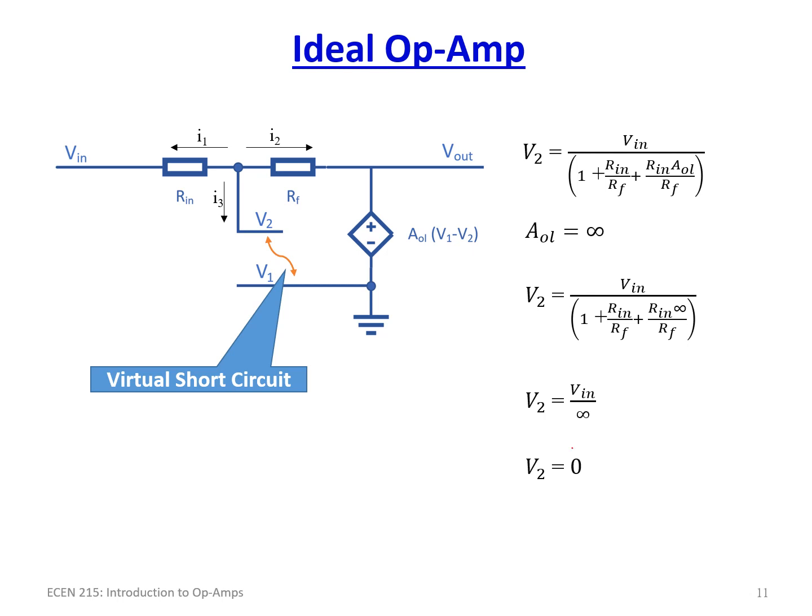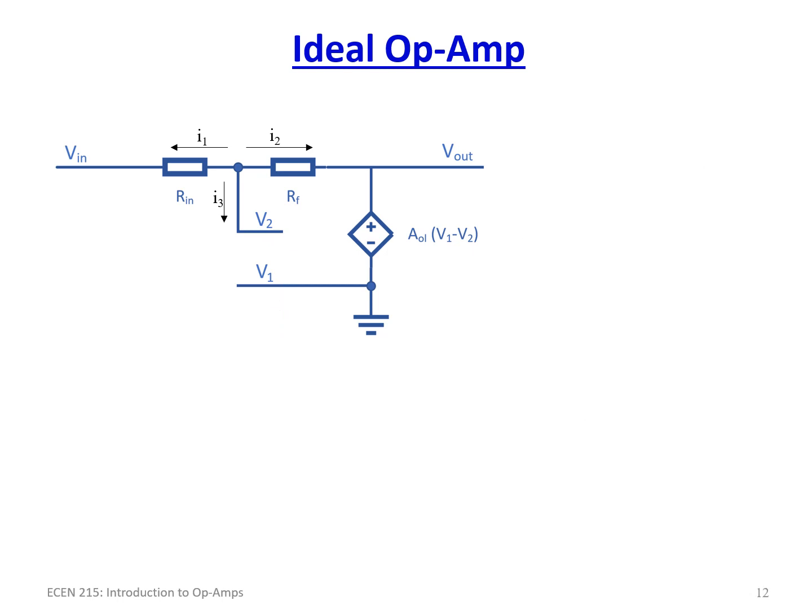Let's finish the analysis now, because we know what V2 is. We should be able to determine the closed loop gain, the actual gain of the circuit, not the open loop gain of the operational amplifier itself. Going back to the earlier circuit, we have V2 minus Vn over Rn plus V2 minus Vout over Rf.